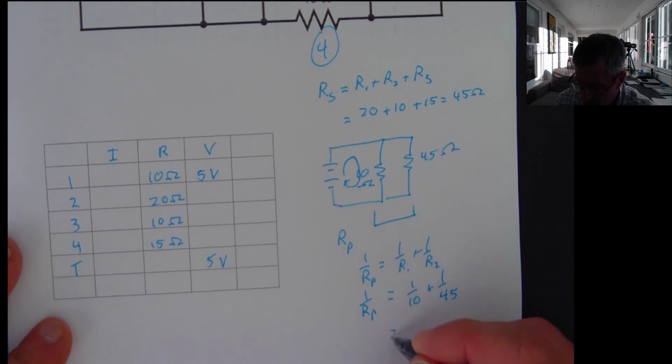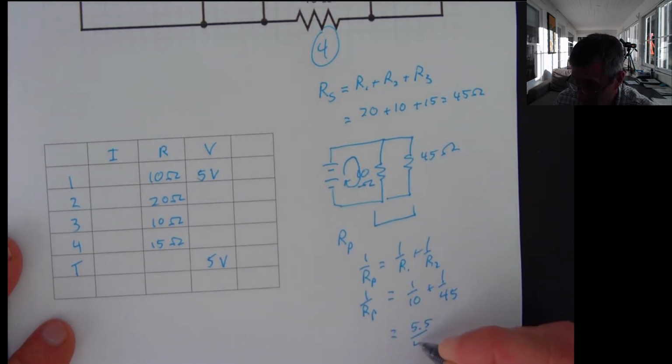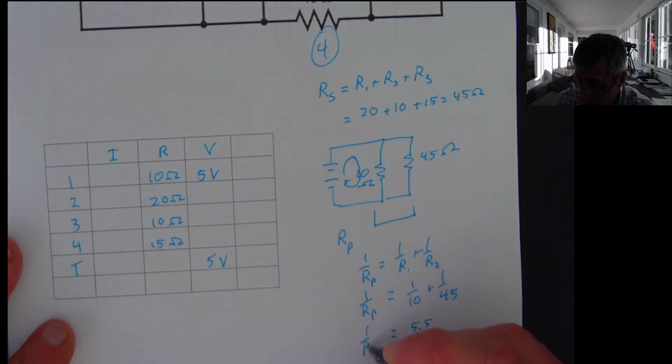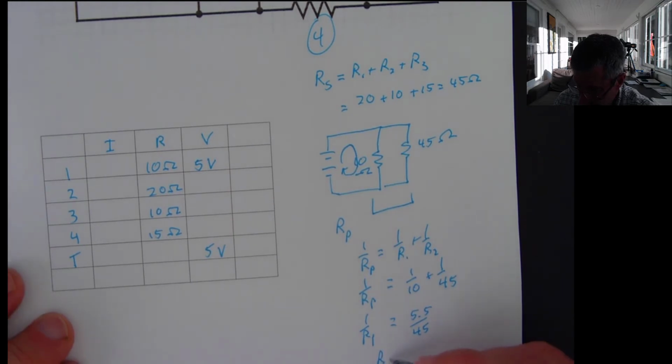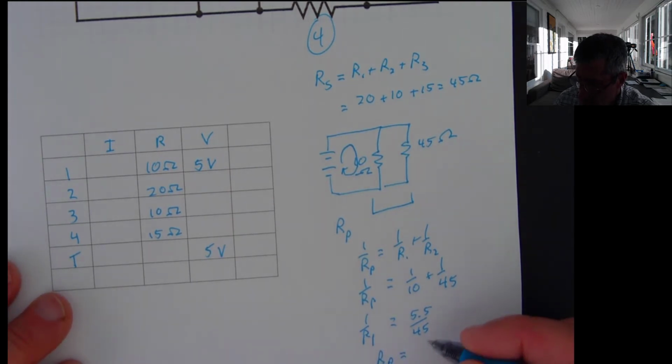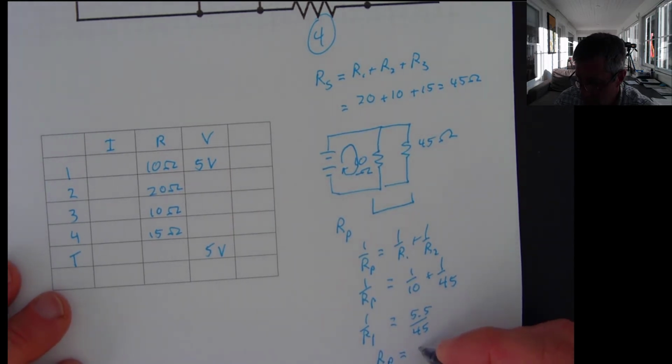I'm going to get 5.5 over 45. It's 1 over my total resistance, so I'll flip both sides, and it's going to be about 8.2. So my total resistance for things that are in parallel is going to be 8.2 ohms.